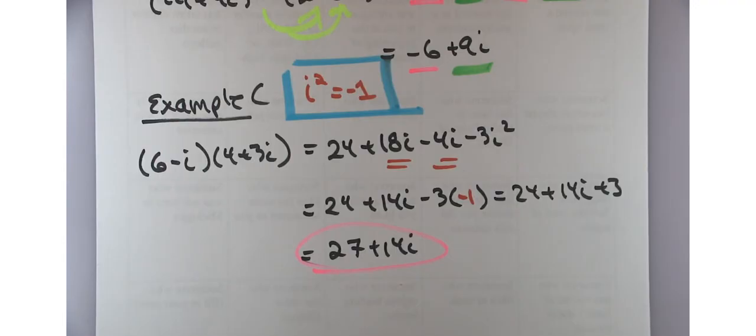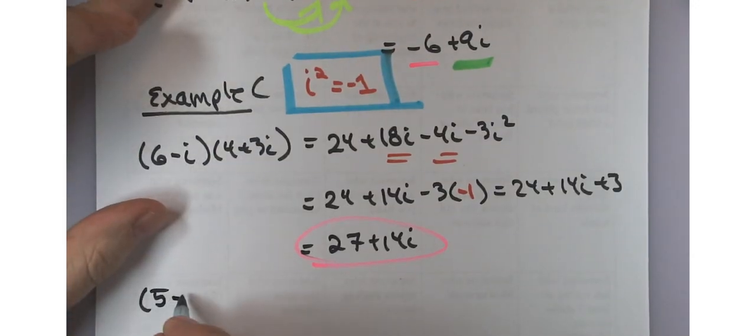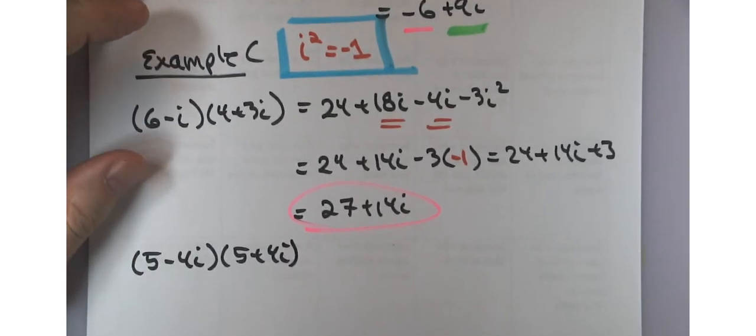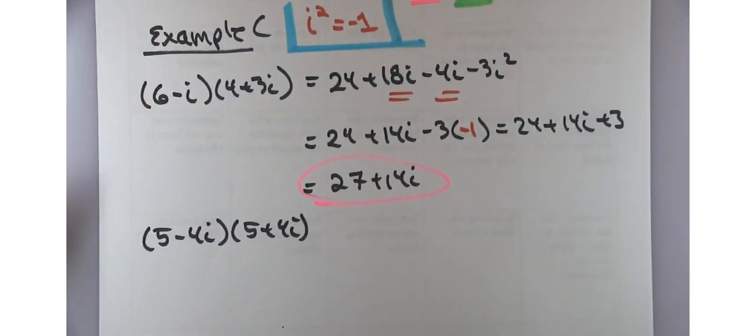One of them that's kind of interesting is going to be this next one. 5 minus 4i times 5 plus 4i. These are what are called complex conjugates.